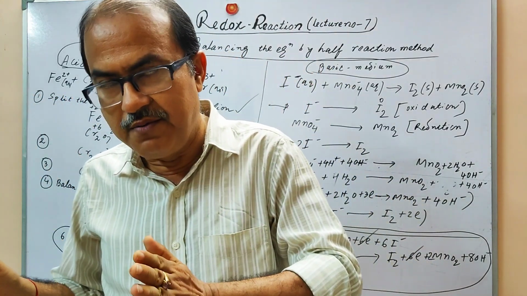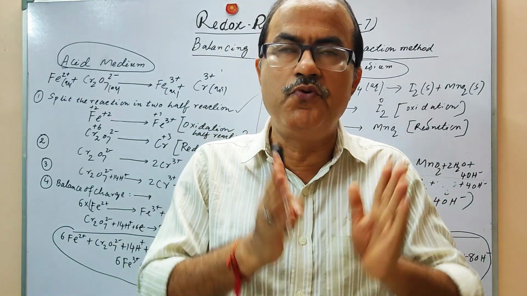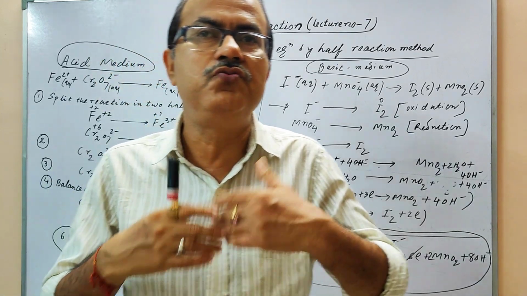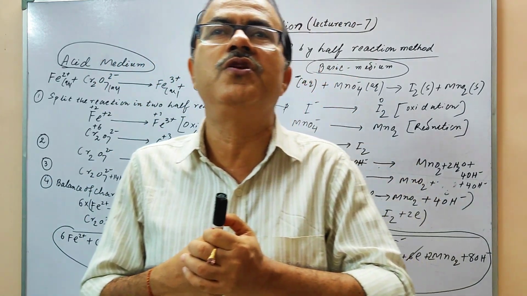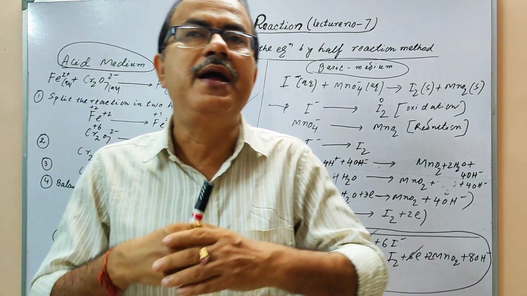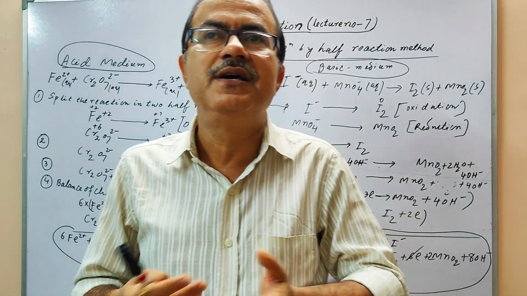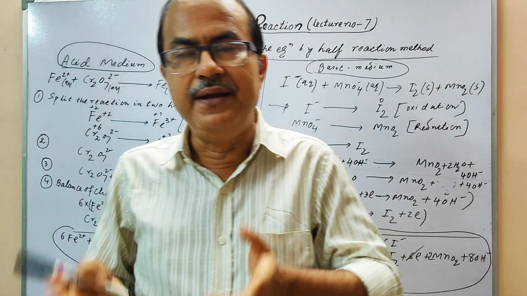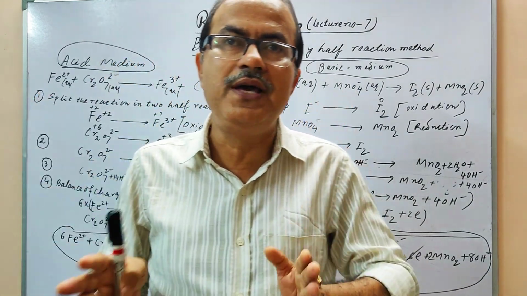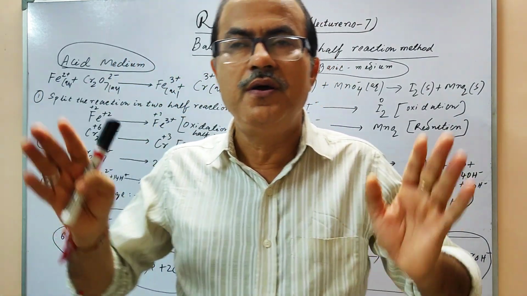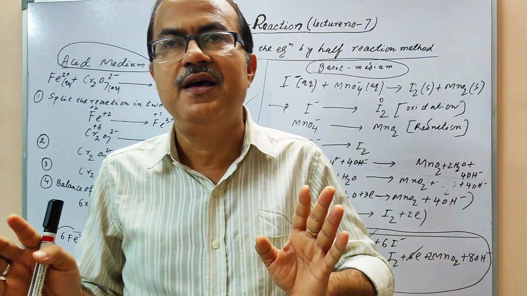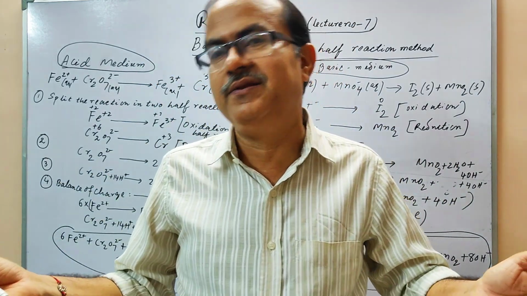For the basic medium, you have to put OH minus ions, equal in number to the H plus ions you have put. After that you have to balance the charges by putting electrons, and the last step is to equalize the electrons by multiplying by suitable factors, and after that you will get the balanced equation.